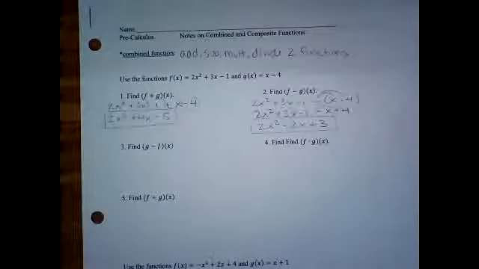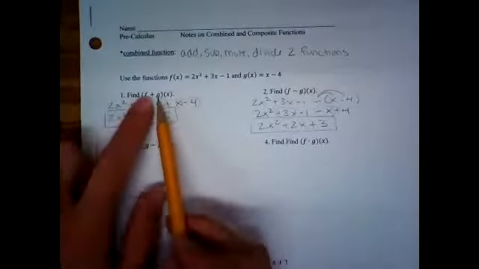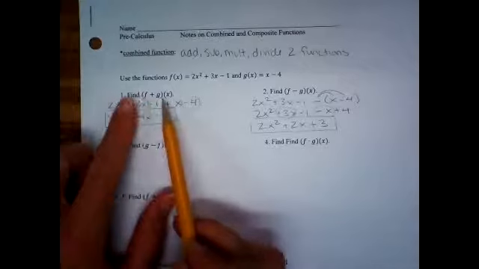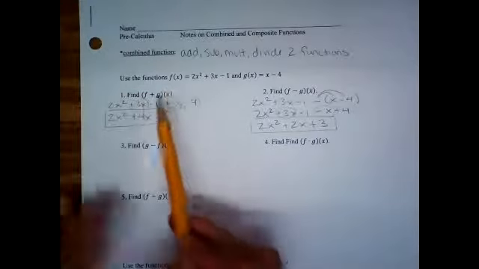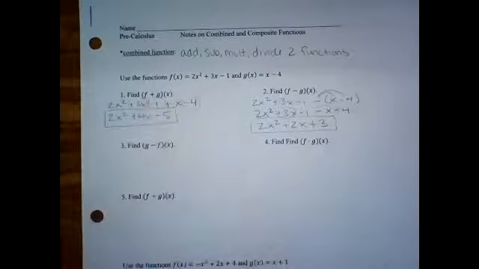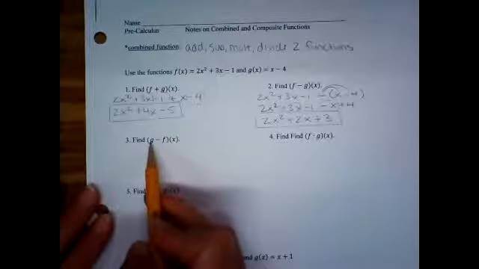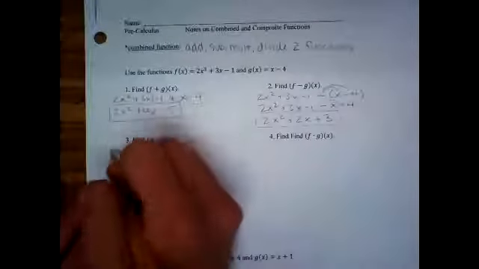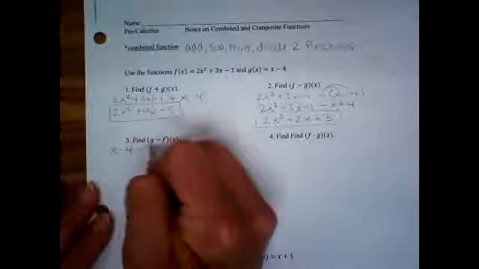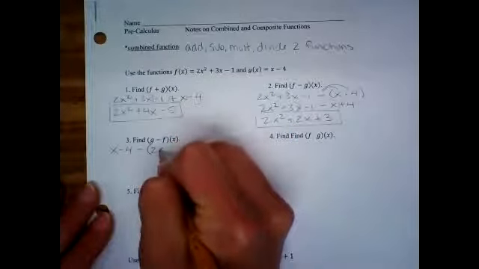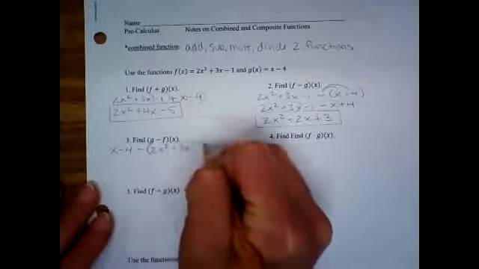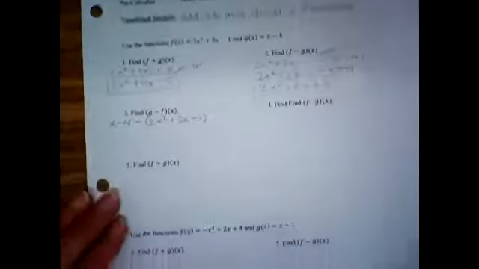Now, when you do g minus f of x, that's going to be different. It's not going to come out to the same thing. If I reversed them when I was adding, it wouldn't make a difference because it doesn't matter what order you add in. Like g plus f would be the exact same thing, so I didn't put it on here. But this one, it's going to be backwards. You're going to have to do g of x, which is the x minus 4, minus f of x. And again, you have to subtract the whole thing, so just put some parentheses around it.